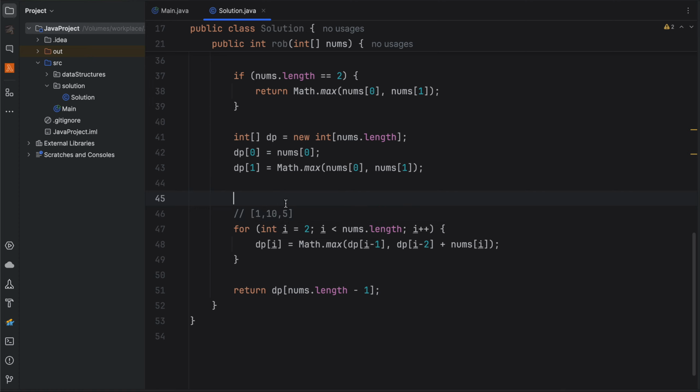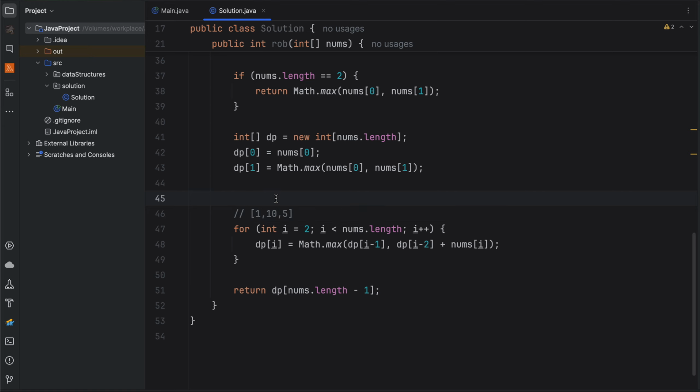But dp of 2 would be the greater value from dp of 1, which is 10, or dp of 0 plus this amount 5, so 1 plus 5 is 6, so because 10 is greater than 6, it will again be dp of i minus 1.